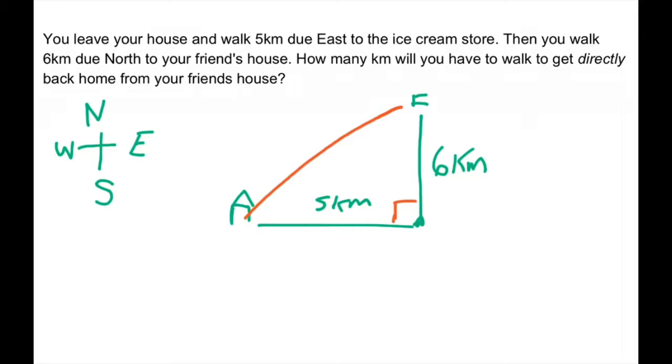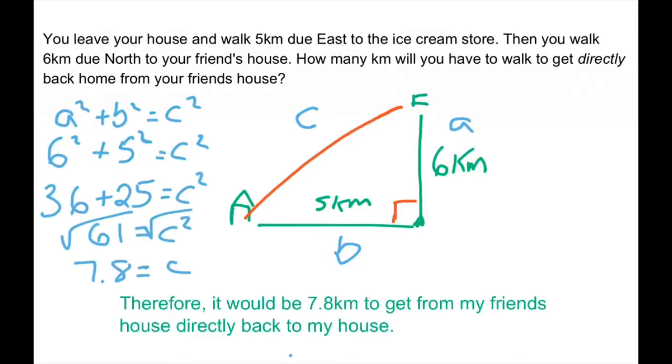And once you have your diagram and your right-angled triangle created, you can label which one's A. Okay, so this could be A, this could be B, and then your C is your hypotenuse, which is unknown. And once you solve it using Pythagorean theorem, you can figure out that from my friend's house directly back to my house would be 7.8 kilometers.